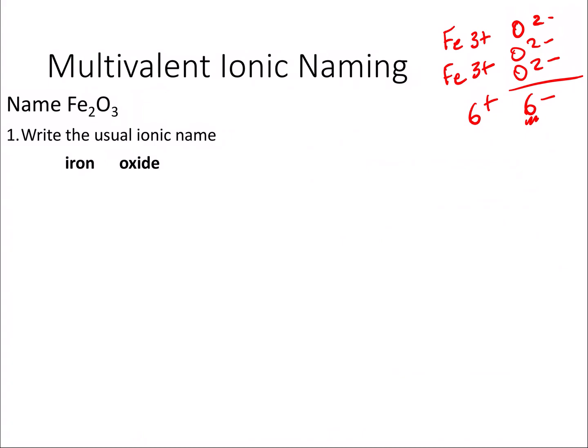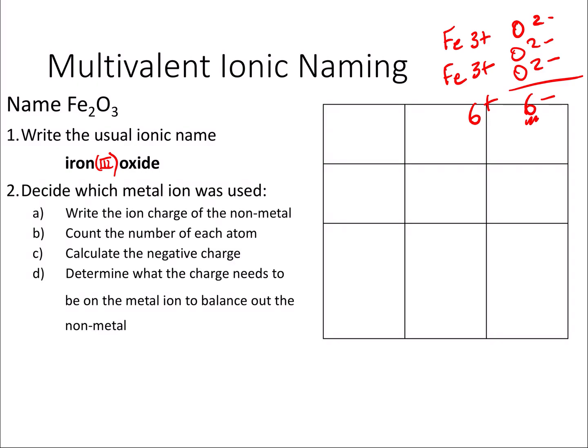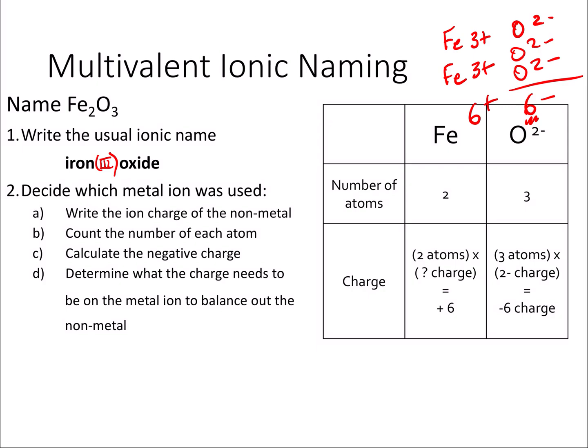So you say, well, this has got to be iron(III) oxide. And anyways, here comes the table with the rest of the details, right? You figure out that here you've got a 6 minus charge, as we kind of did above, and the only way we can get to 6 plus is if we have 2 atoms to get us to 6 plus.